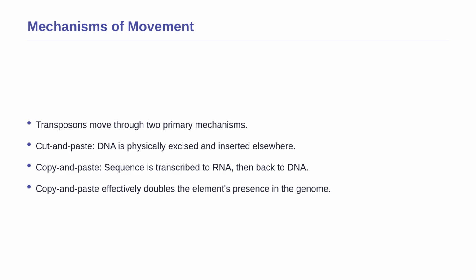This leaves a gap behind and can disrupt genes at both the exit and entry points. The second is the copy and paste mechanism. Here, the DNA sequence is transcribed into RNA, reverse transcribed back into DNA, and then inserted into a new location. This leaves the original copy intact, effectively doubling its presence in the genome.